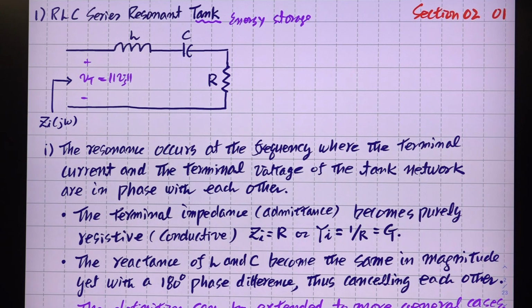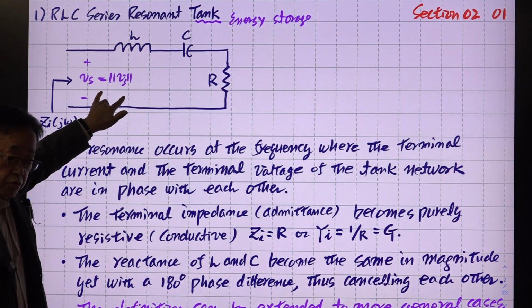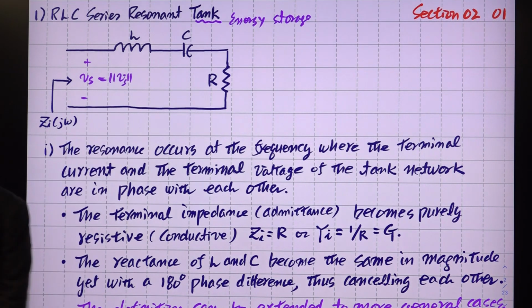Let me call it Vs, and I try to use two vertical bars to signify the magnitude, though sometimes I'll use something different. Vs sine omega t.